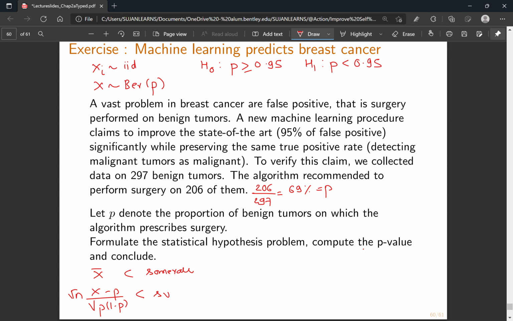We want to write a constraint such that the probability of this value less than some value should not be greater than alpha.